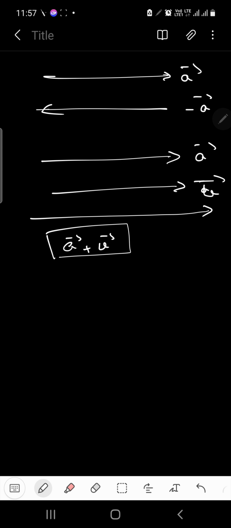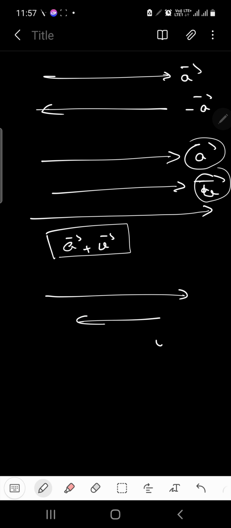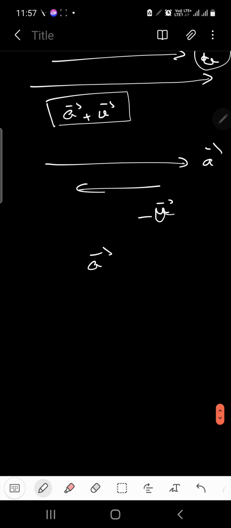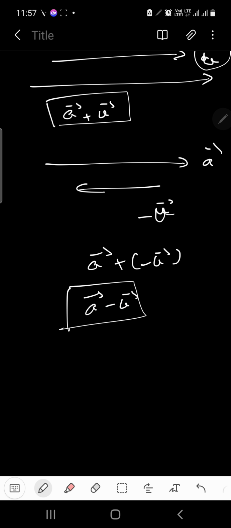And this will be higher in magnitude than a and b. And if the direction of the b vector is different, suppose it is like this, so this becomes minus b vector. Let's say this is a vector, so now the addition becomes a plus minus b, which is a vector minus b vector. Clear? So this is algebraic addition.